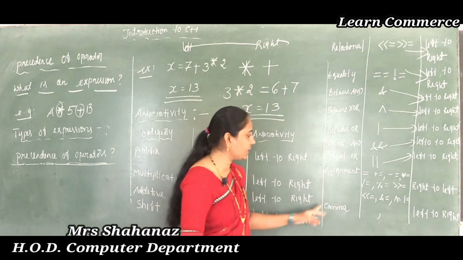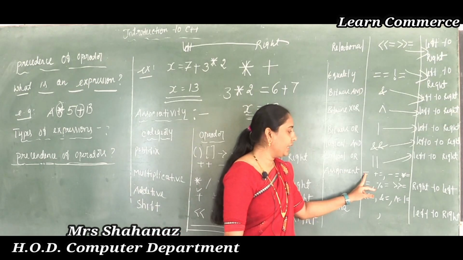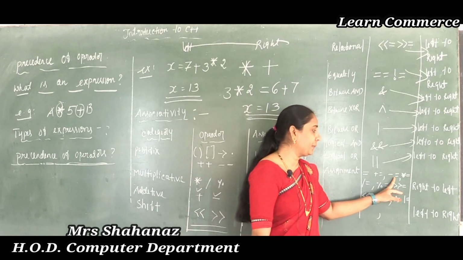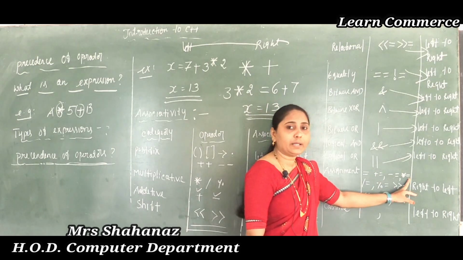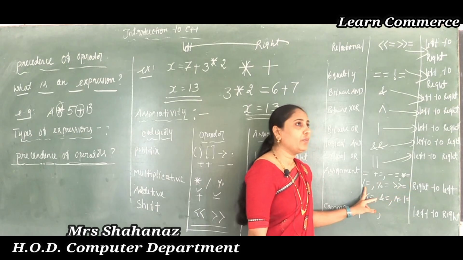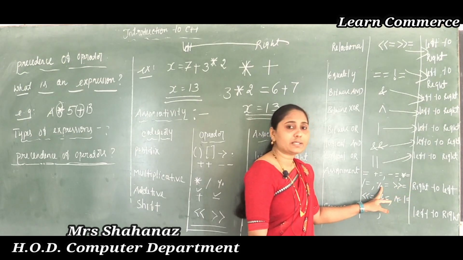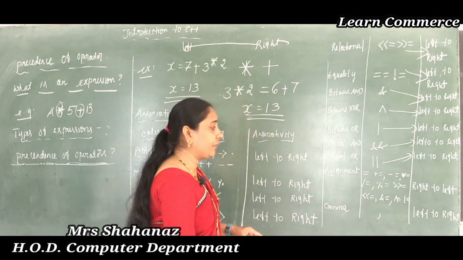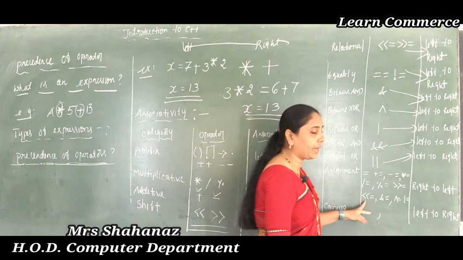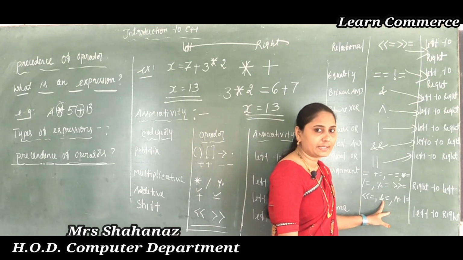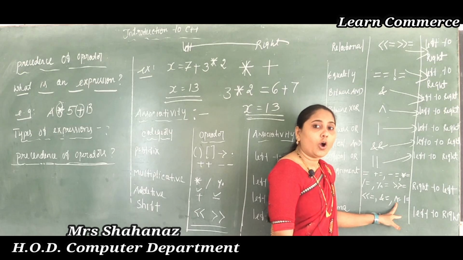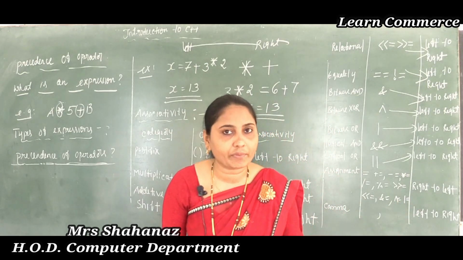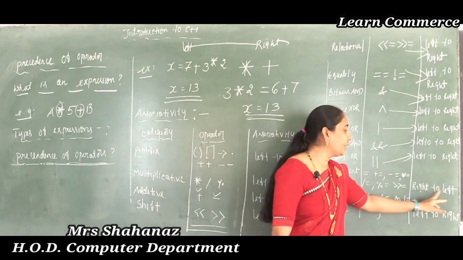So because of this reason, the assignment operator equal, the add and assignment operator, the subtract and assignment operator, multiplication and assignment operator, divide and assignment operator, modulus and assignment operator, or in this case the left shift and assignment operator, right shift and assignment operator, bitwise and assignment operator, exclusive or assignment operator and inclusive bitwise or assignment operator, everything is going to calculate from right to left.